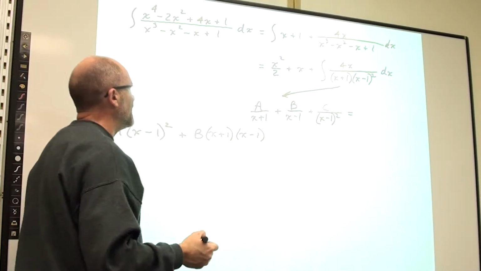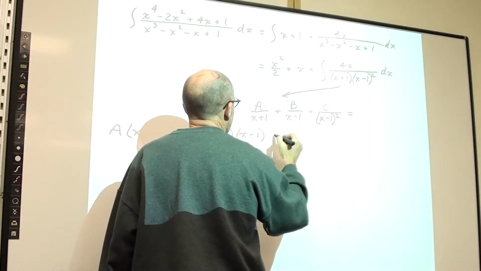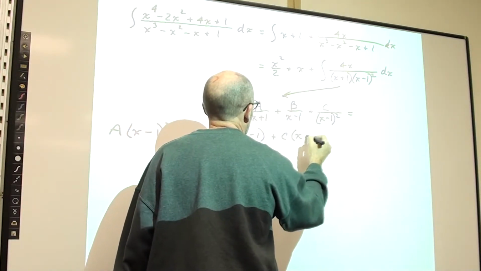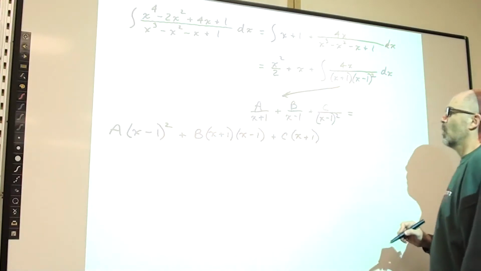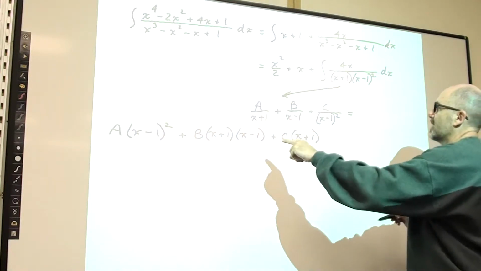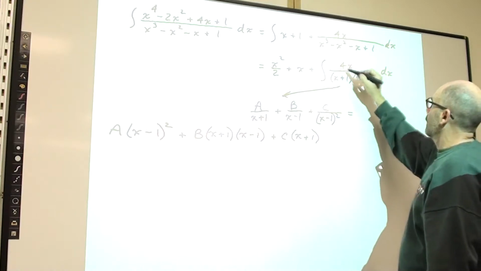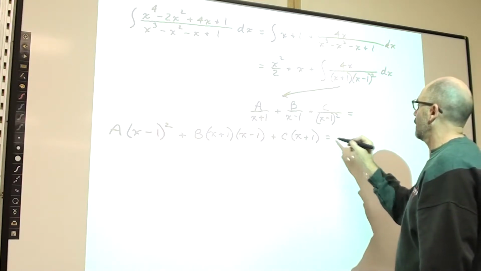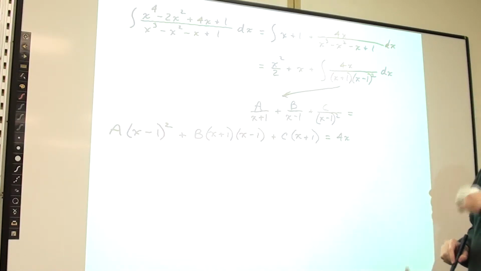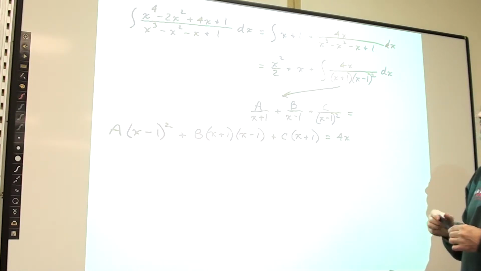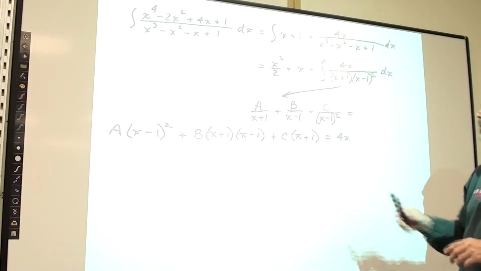And then what's the C missing? Just an x plus 1. Okay, so all that is going to have to equal the original numerator, which is 4x. Now, we run into a problem because if we just let, well, let's see.